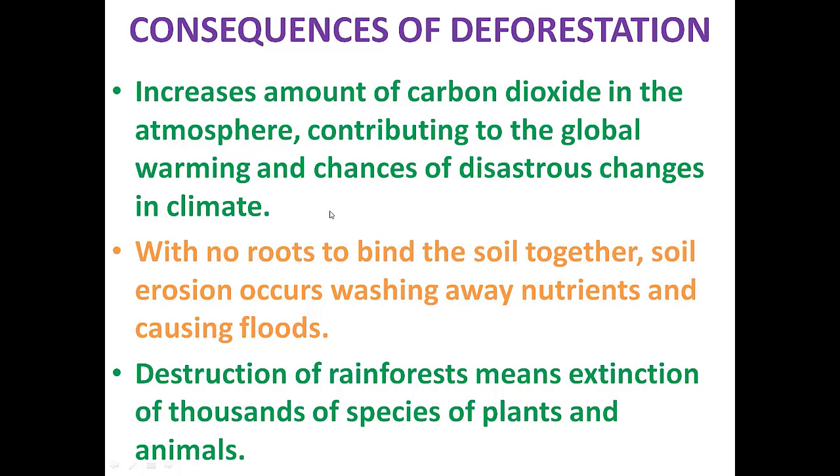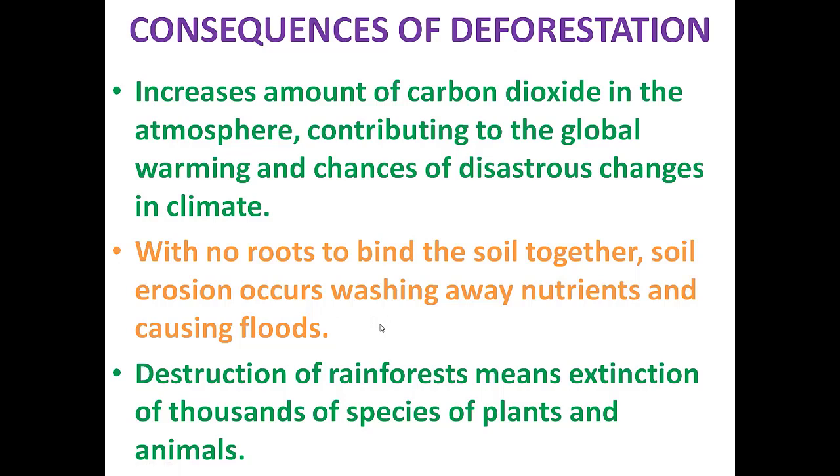And the next one is soil erosion and floods. Because there are no roots to bind the soil together, now it's very easy for the soil to erode. So soil erosion occurs, during which the important nutrients are lost, washed away, and this process can also lead to floods.